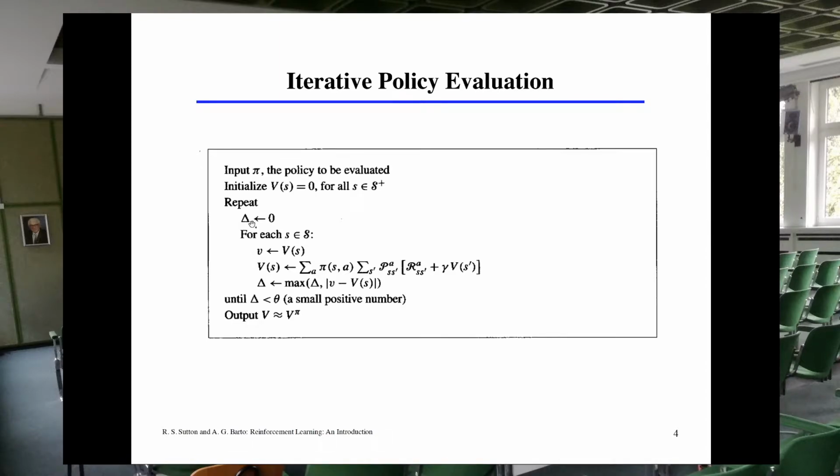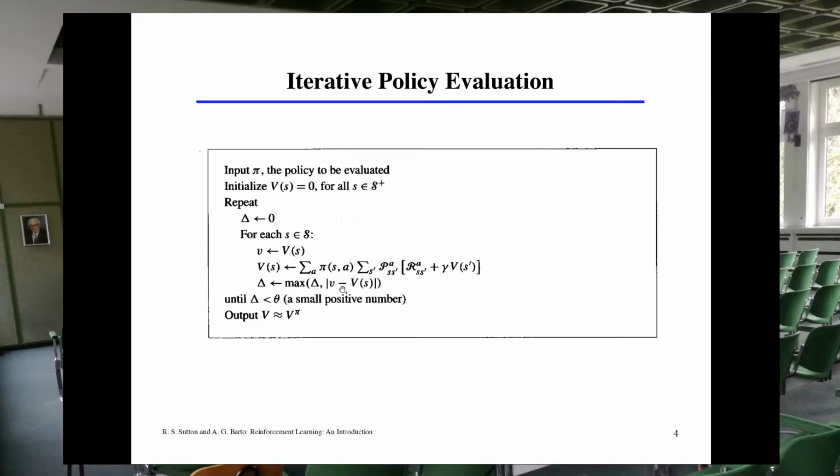You initialize the delta to be 0, and then what you do is you store the value of the first state that you are going to update. So suppose that you are going to work first with state 1. You look at the value for state 1, which initially is 0, and you store it in this V. Okay. Then you update the value for that state 1, and you compare which is larger, delta or the difference between the previous value of state 1 and the new value of state 1.